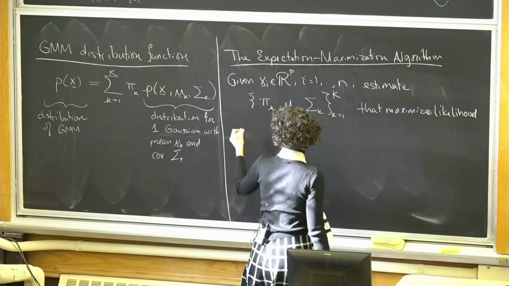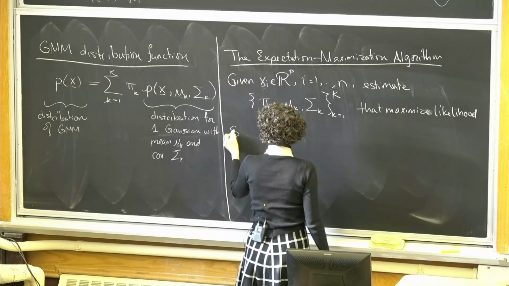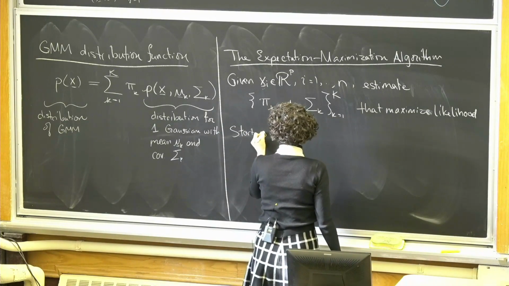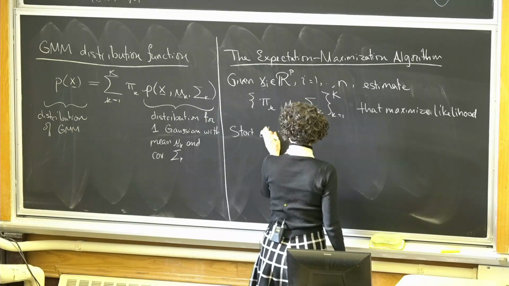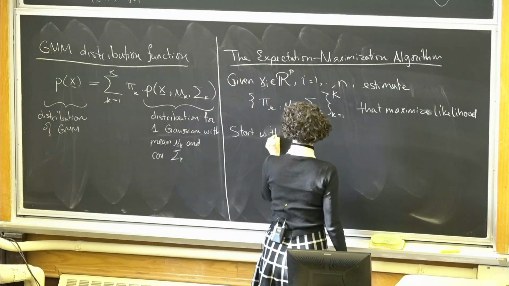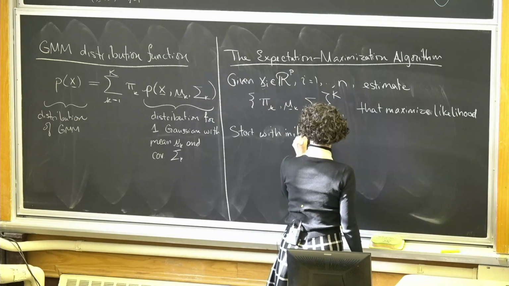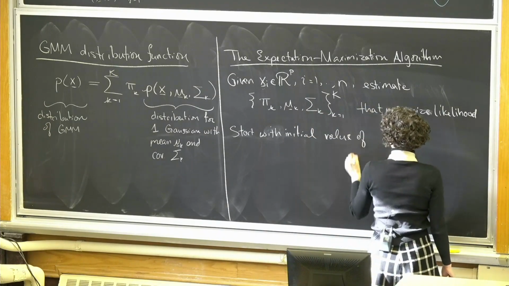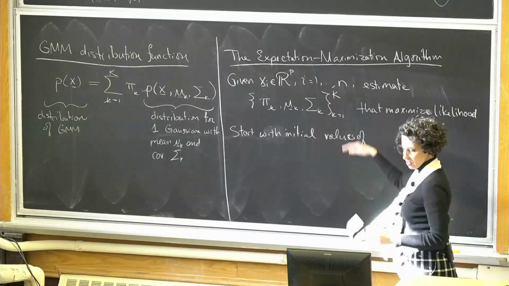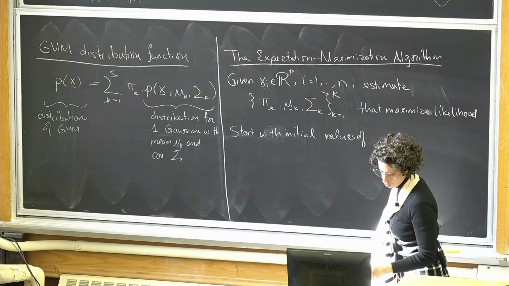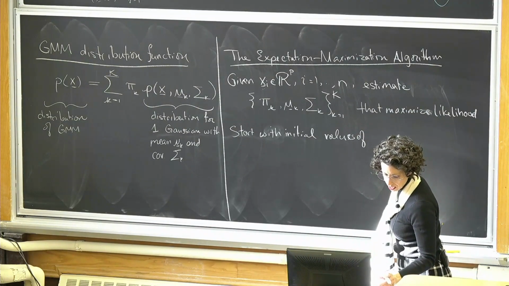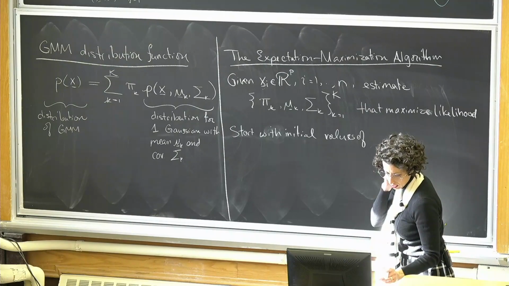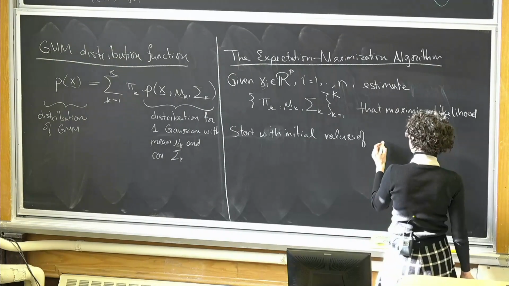And so with this algorithm, we are going to start with initial values of all of these different parameters that we are trying to estimate. And I'm not going to indicate the iteration.